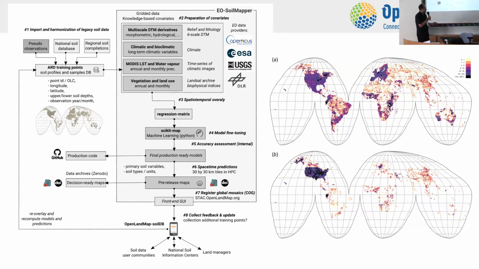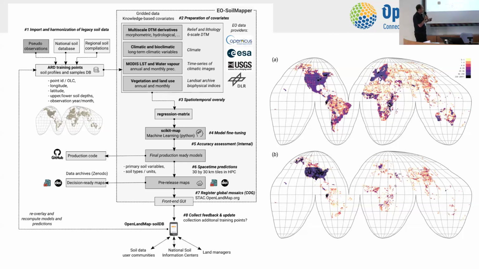And these are the soil types also. We use a USDA soil classification. So most of the points are here actually. And so what we do, we do a space-time machine learning. Once the points are prepared, we overlay in space-time. And then we use the scikit-map package maintained by my colleagues at OpenGeoHub, Leandro and Davide, and we then do modeling and we predict all these maps.